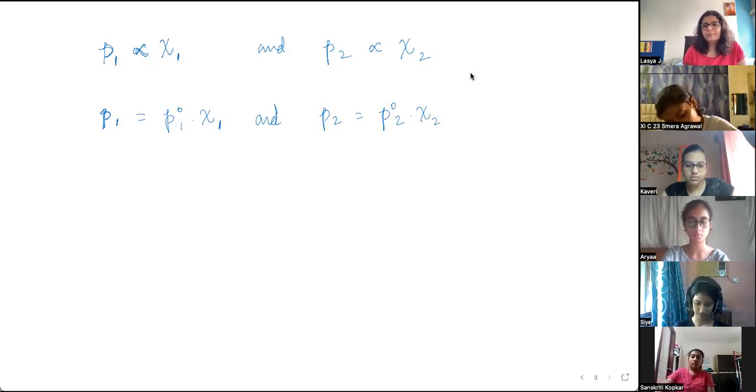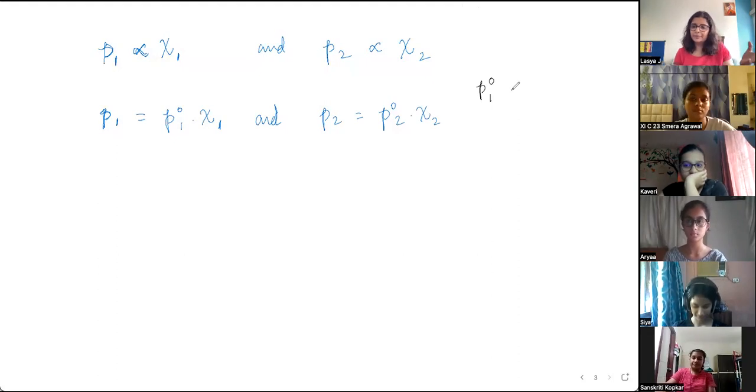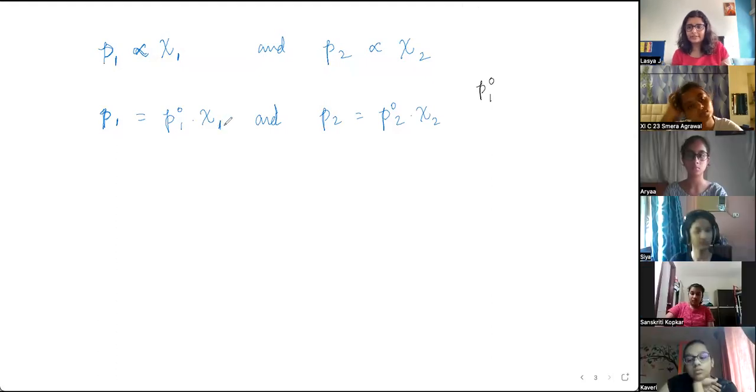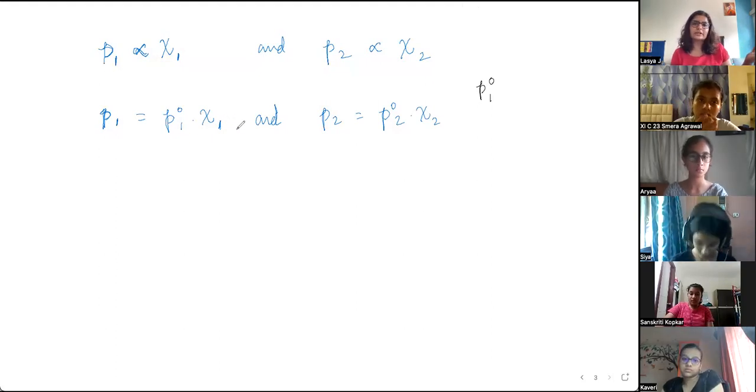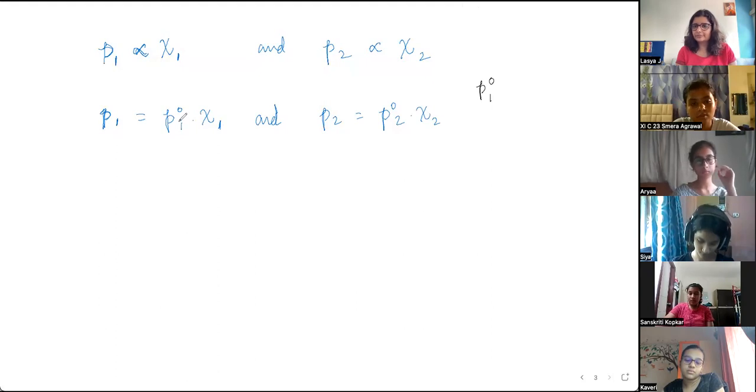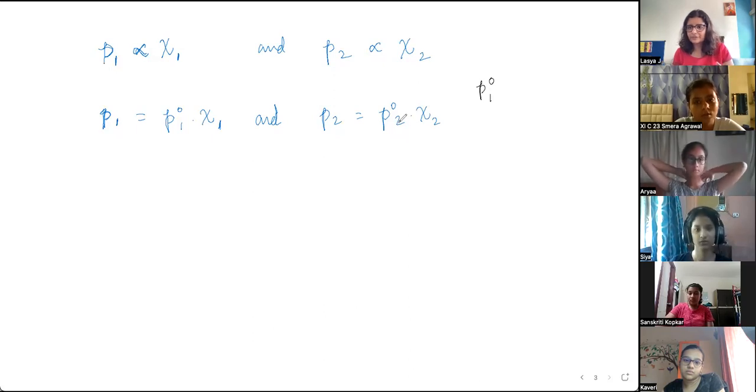Here P01 and P02 represent the vapor pressure when the component is alone in the solution, like P01 when the mole fraction is equal to 1, meaning there is no other component. Suppose we are looking at a mixture of water and, say, HCl. When it is purely water, its vapor pressure will be P0 of H2O. When it is purely HCl, P02 is its vapor pressure.